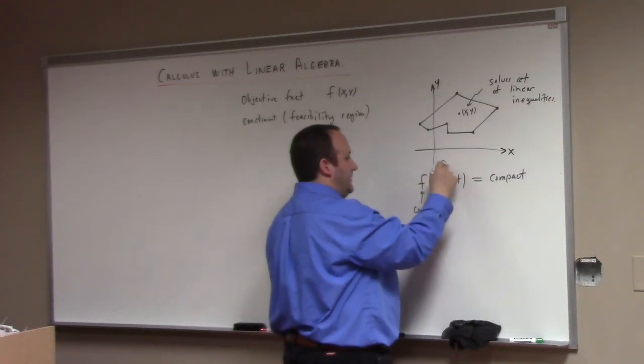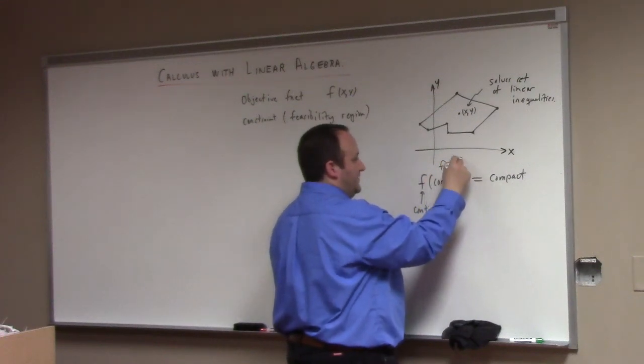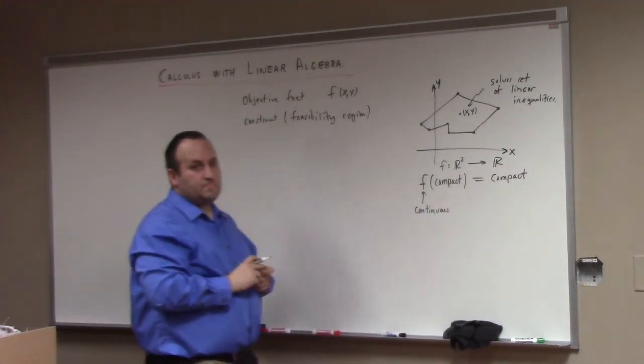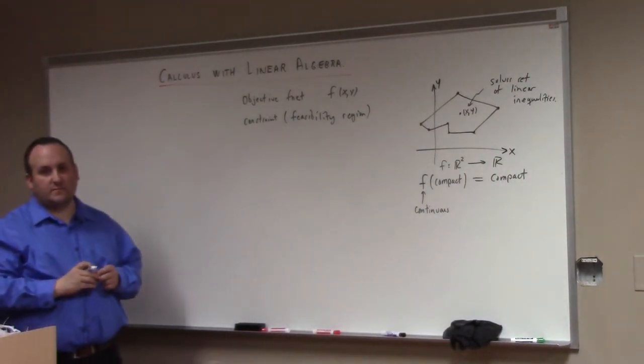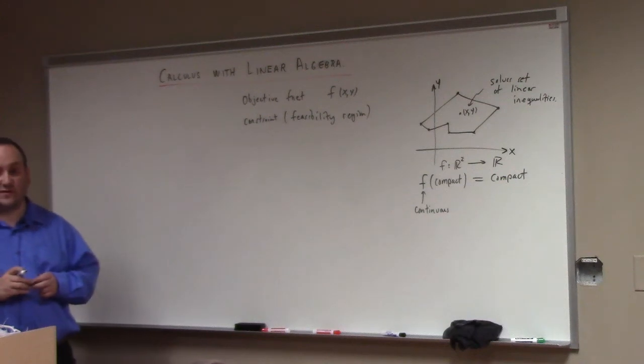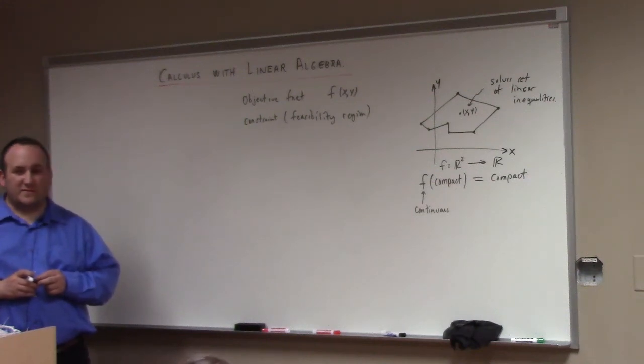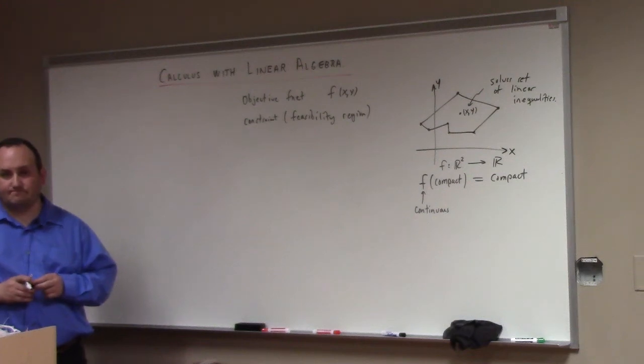If we're talking about f from R2 to R, what's a compact set? A compact set of real numbers is just a closed interval, and a closed interval has a biggest and smallest number in it. So the first place you see this theorem is the extreme value theorem in Calculus 1. A continuous image of a closed set attains a min and a max, right?